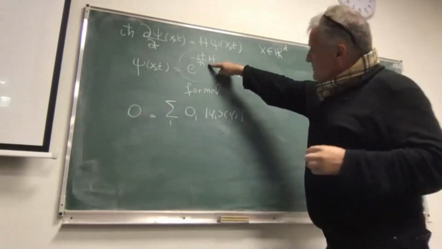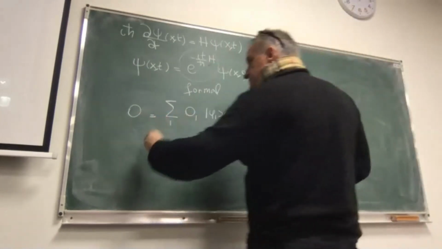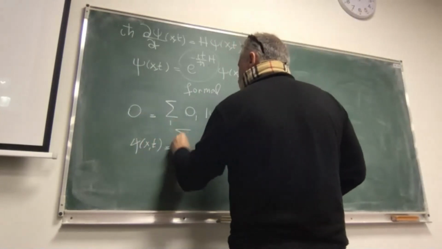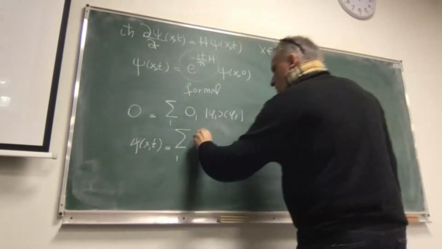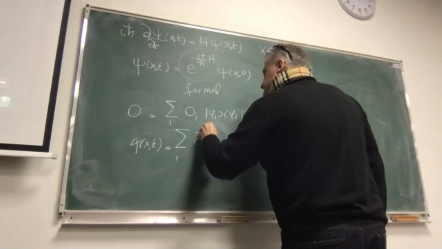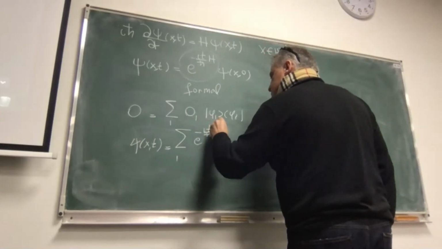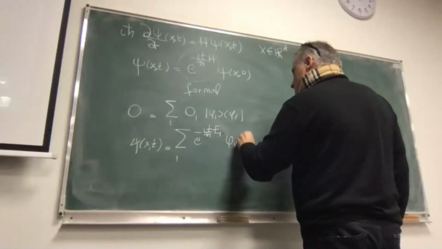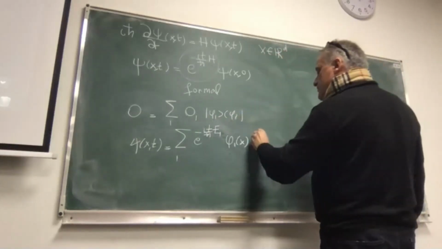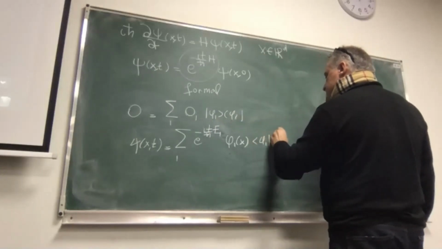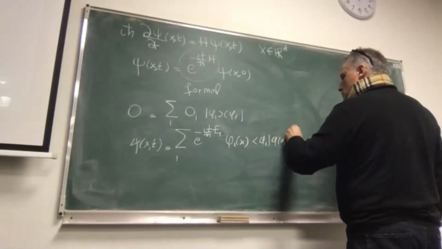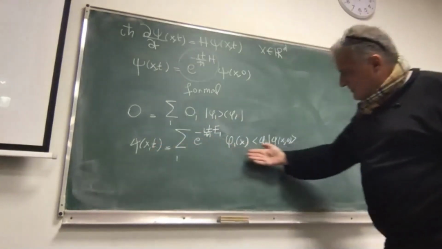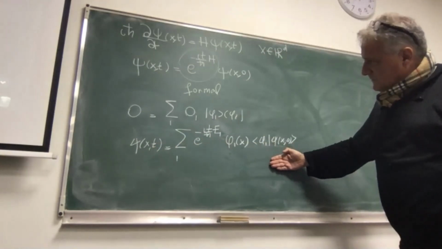If we do that with this operator, we can write the exact solution, psi x of t equals the sum over all the eigenvalues, exponential minus i t over h bar times the energy, times phi i of x, and the overlap of phi i with the initial condition, which is some number. So we have the exact solution.